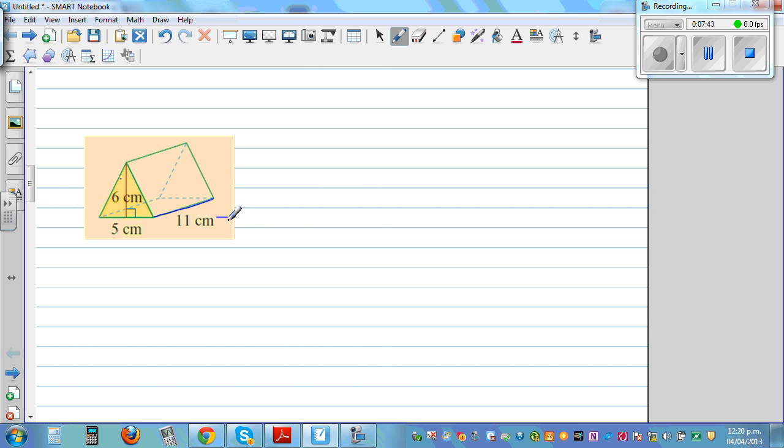The base area is the area of a triangle, which is half, 0.5, times base, which is 5, times 6, which is 0.5 times 30. So this is in centimeters, so this is 15 centimeters squared.